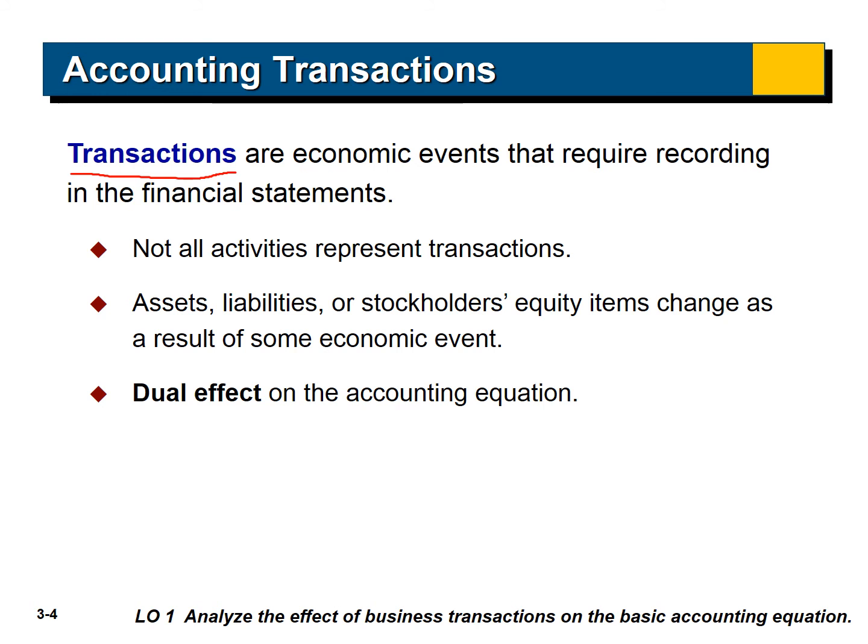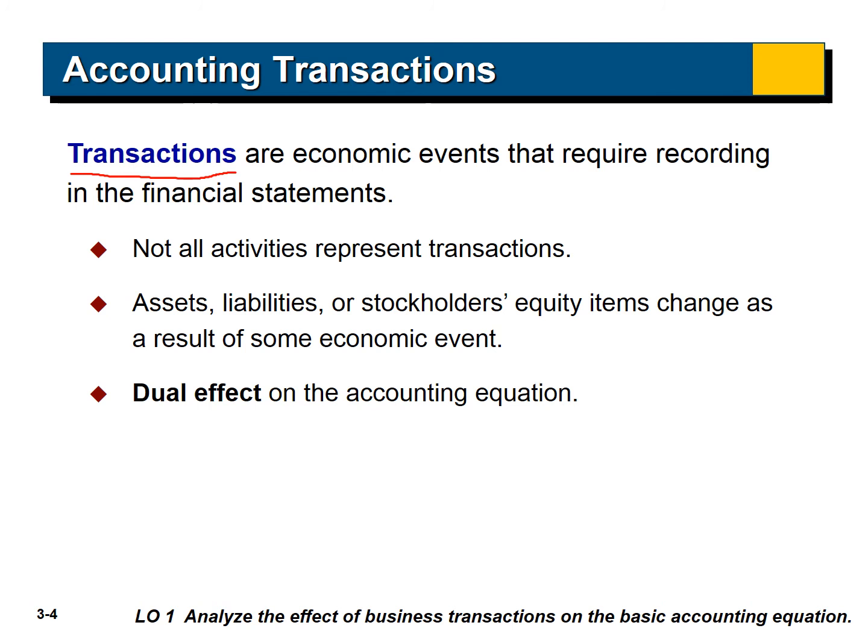If you pay the rent, that's a transaction. If you sell a product, that's a transaction. But not all activities represent transactions. So for example, if you hire a new employee, that's not considered something you need to record in the accounting system.